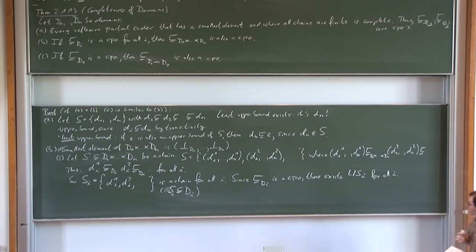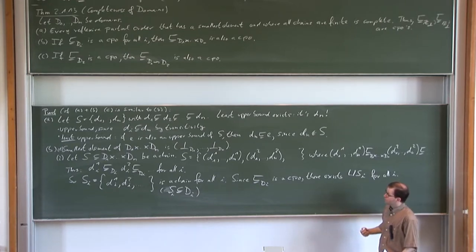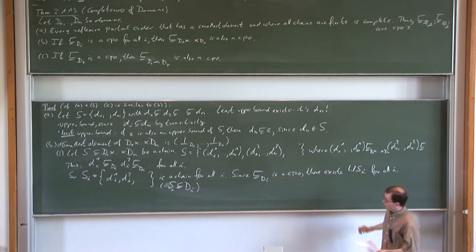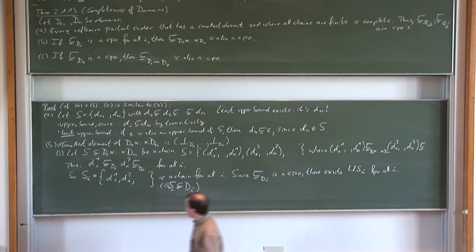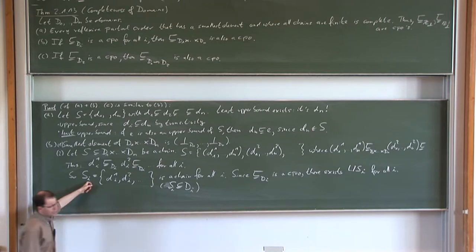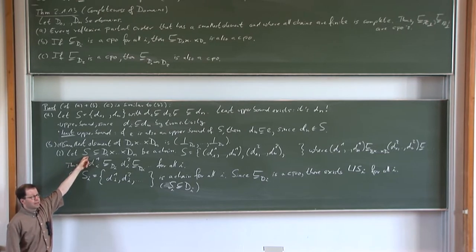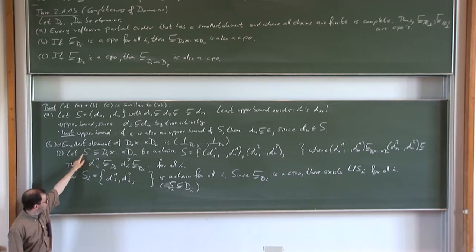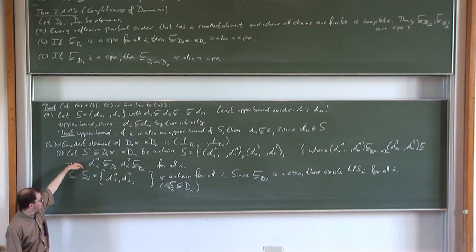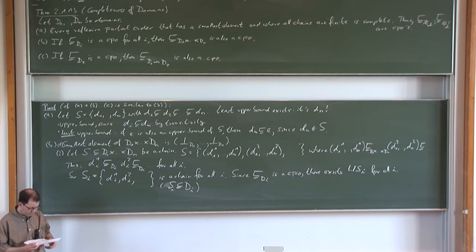So if we just look at the projections, then we get chains again, and these chains have least upper bounds by the prerequisite. Okay, and now we are done, because if all these projection sets have least upper bounds, then the original set has a least upper bound as well, and the least upper bound is simply the tuple where the first component is the least upper bound of S1, the second is the least upper bound of S2, and so on. This was a lemma that we proved in the last lecture.